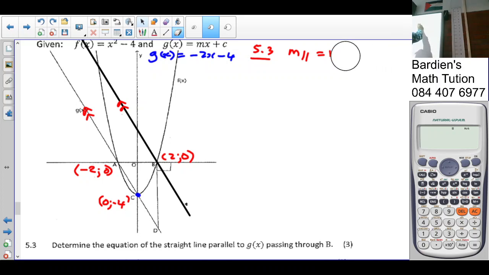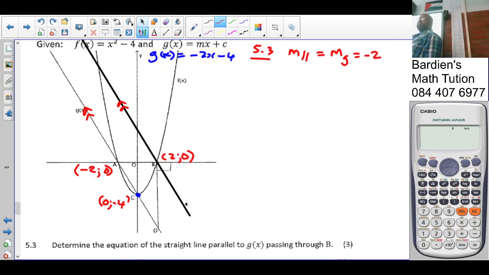What's the gradient of g? We just worked it out. It's negative 2. So what's my equation? y is equal to negative 2x plus c. Now to calculate c, I need one point on this graph. Do I have a point on this graph? Yes. Which point do we have?